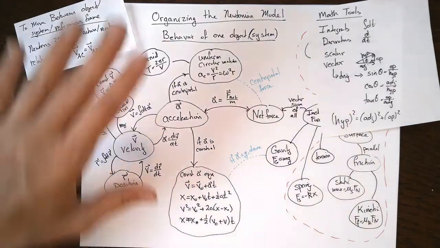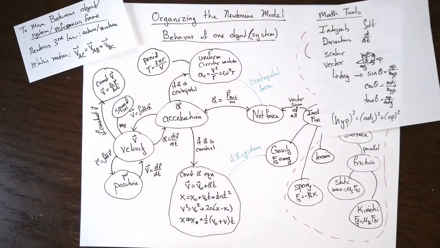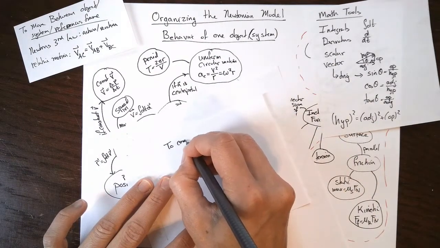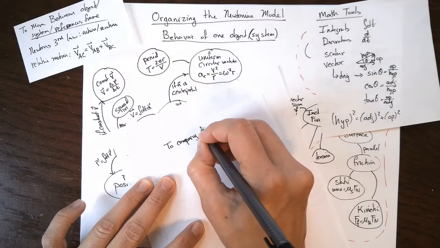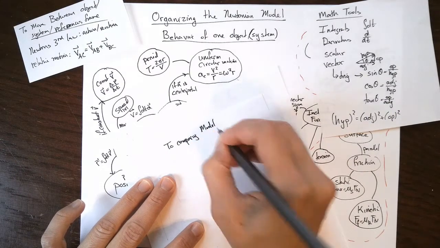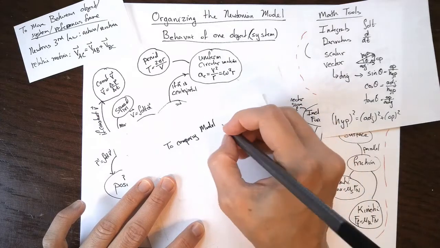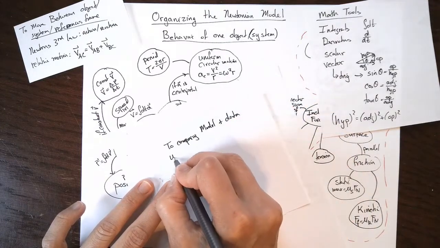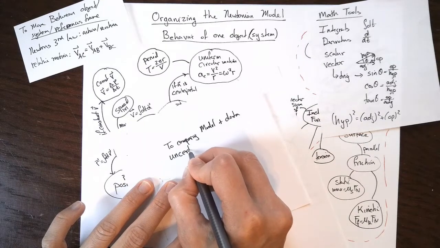And then finally, here we have a model. What if we want to compare it to experimental data? So we're comparing our model here that we're using, the Newtonian model, and data. Well, that's where the uncertainty comes in.